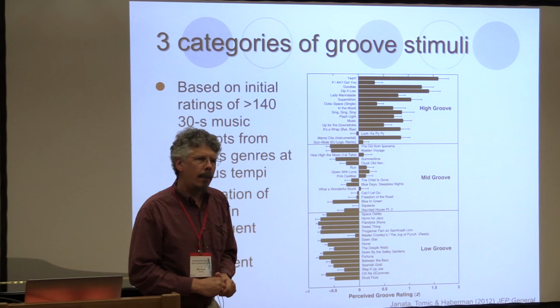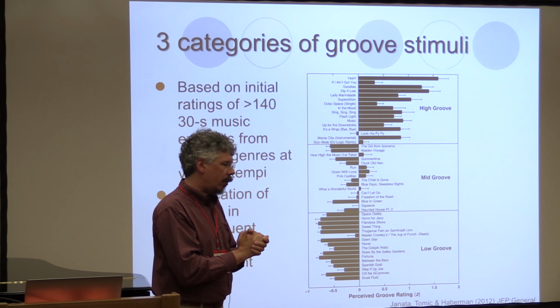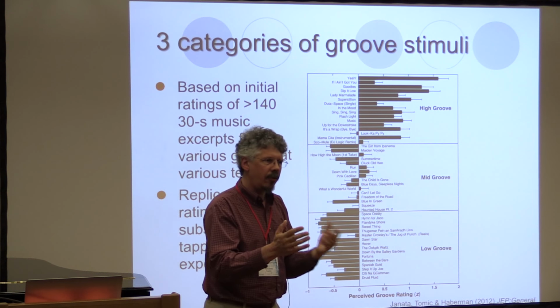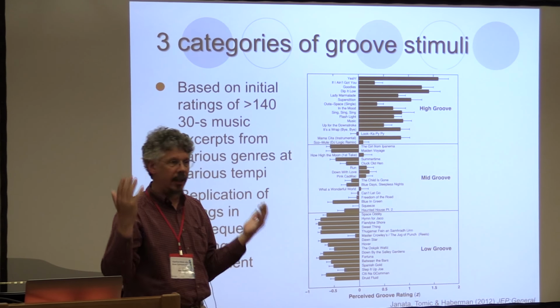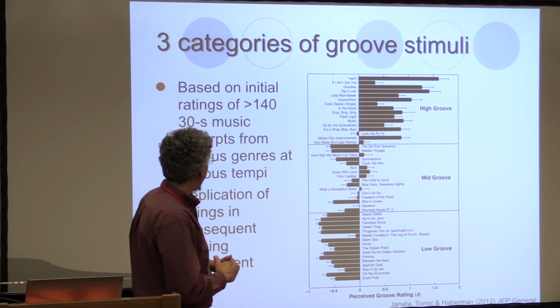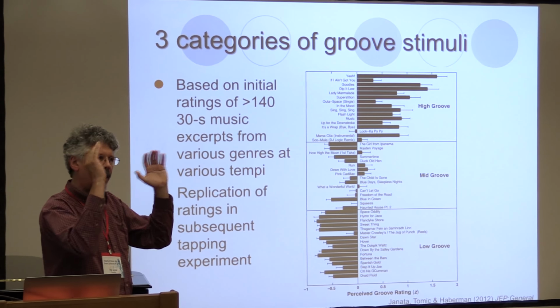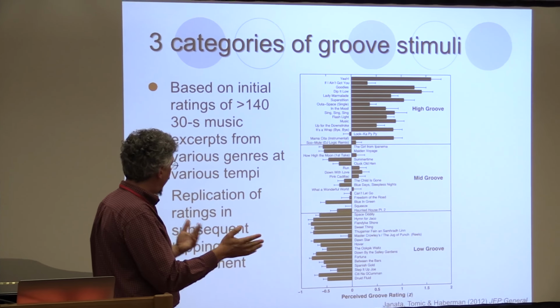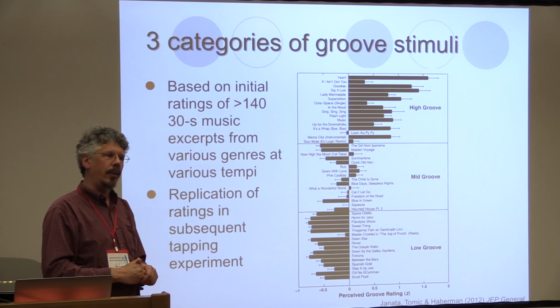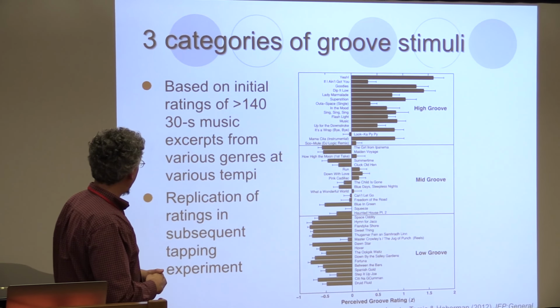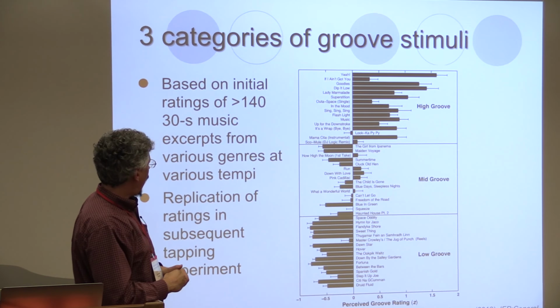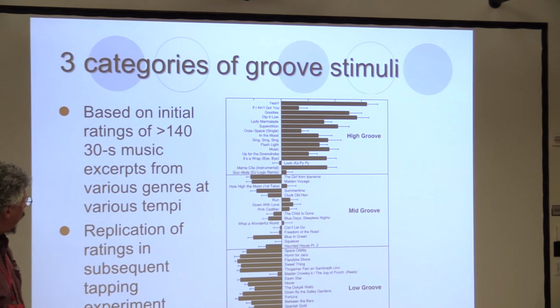Okay, so what we wanted to do now was to bring people into the laboratory and have them interact with music that had varying degrees of groove. The first thing we did is create a library of excerpts from various genres that we had people rate on the perceived degree of groove. And then we got those ratings in subsequent experiments.